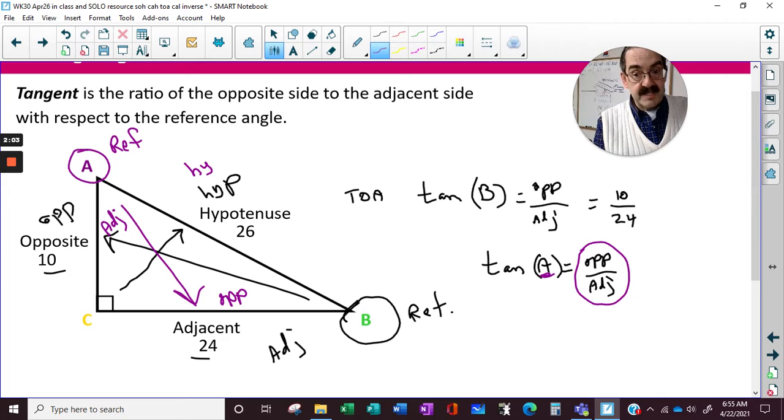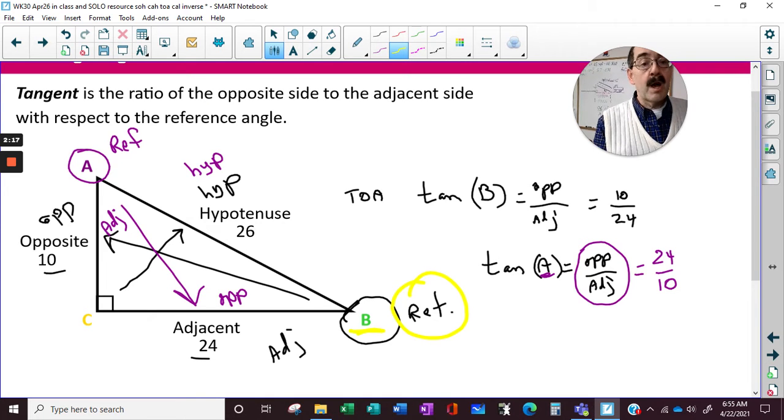Hypotenuse stayed the same, and in this case we would have 24 over 10. Okay, so the key to every problem is to identify the reference, our start point. All right? Okay, so let's get started.